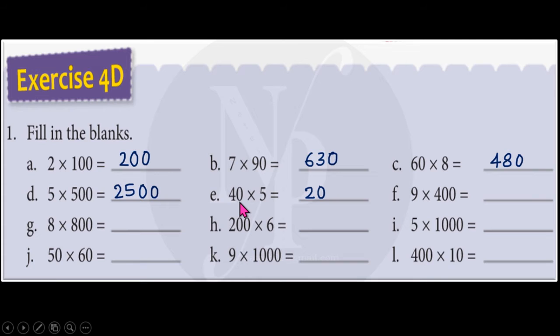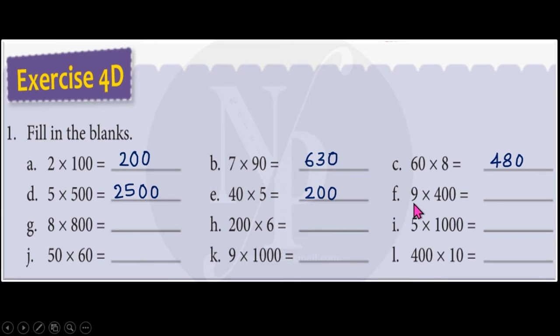In the first number we have 1 zero. The second number does not have any zeros. So we write 1 zero in the answer towards the right of this answer. Now this becomes 200. That is, 40 into 5 gives 200.